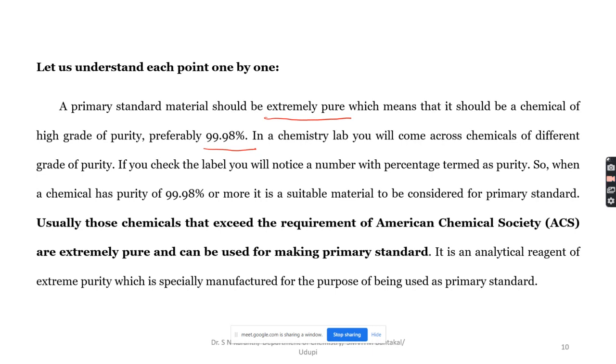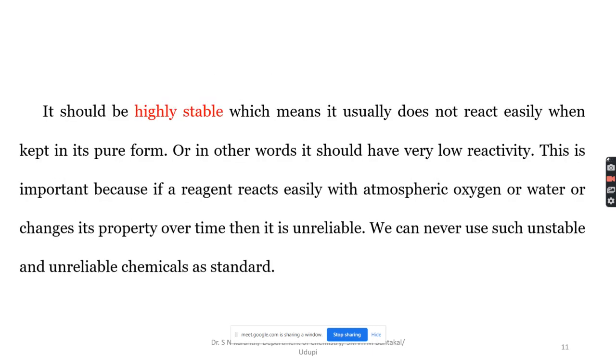The percentage of purity is mentioned on the label. So if you are preparing a solution of known strength, that is a standard solution, and you are using a salt of 99.98% purity, then you are preparing a primary standard solution. It should be an extremely pure sample.